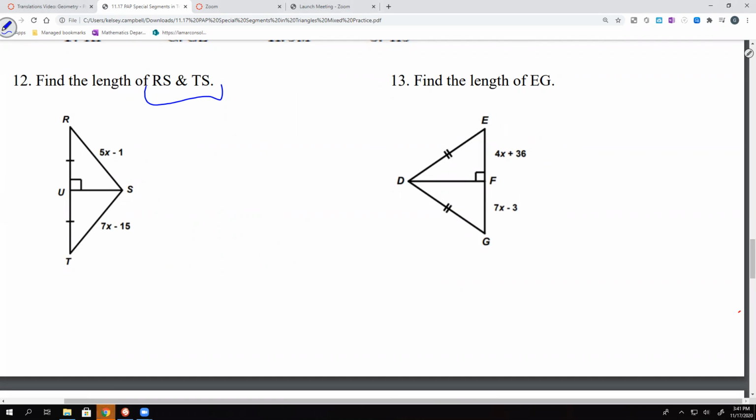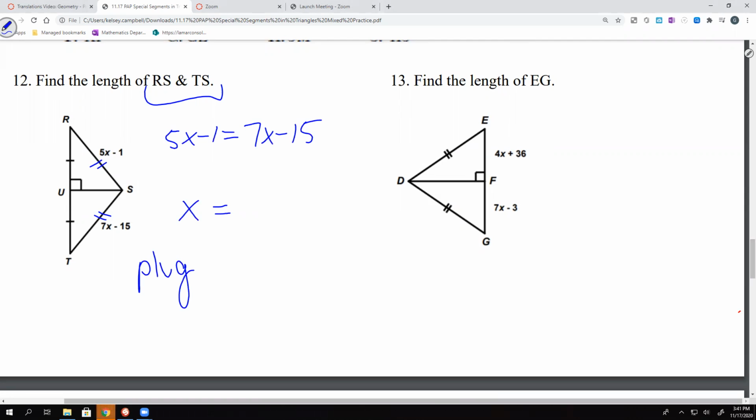So since we know it's a perpendicular bisector, we know that RS and TS are congruent. So we would just set those equal, and then you will solve for X, and then you plug in. And hint, once you know RS, you also know TS.